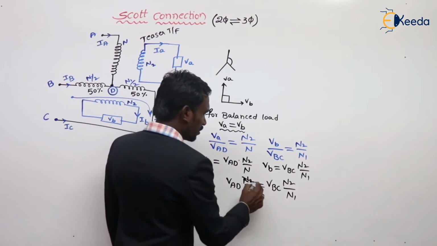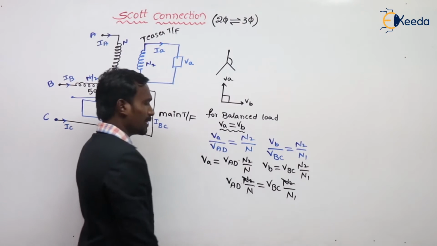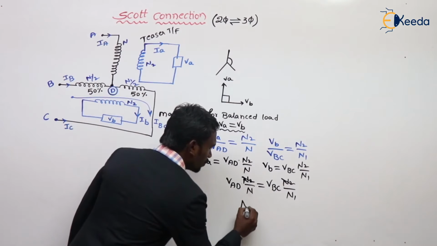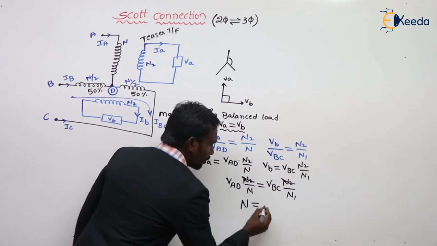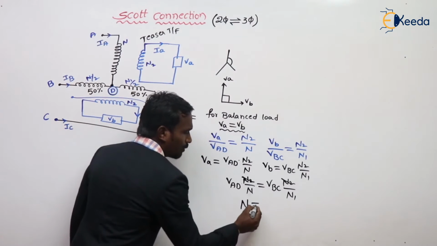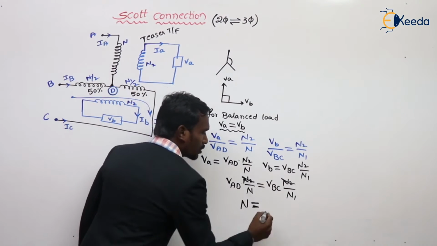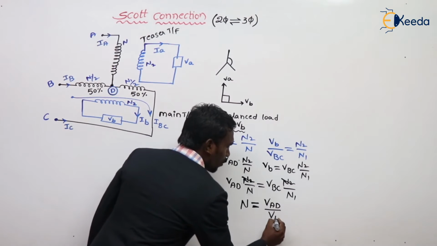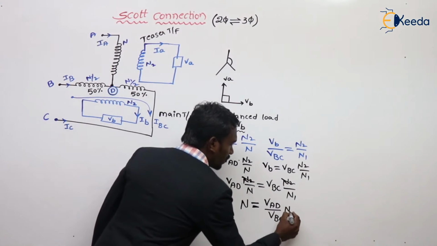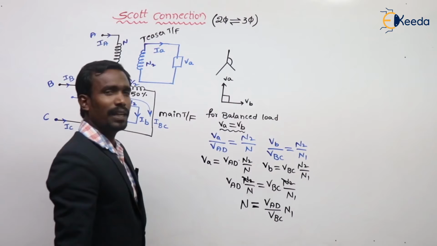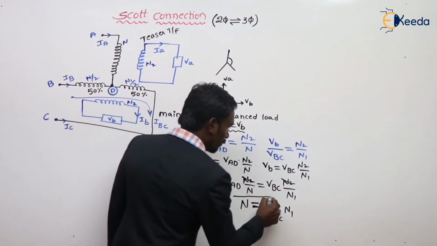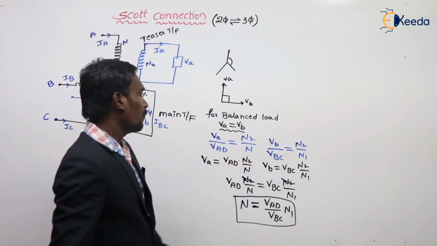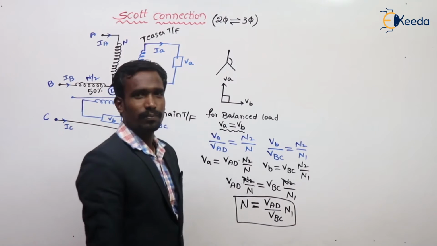N2 gets cancelled out. Then N is equal to VAD by VBC of N1.